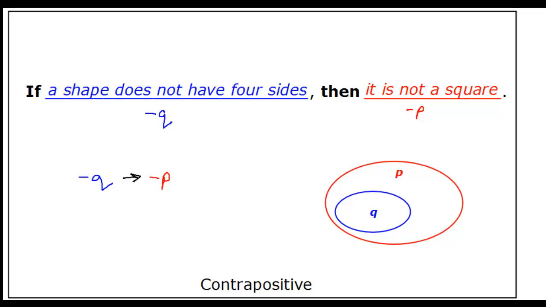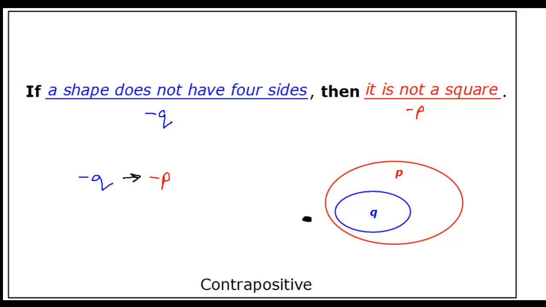All right, so this says that if a shape does not have 4 sides, so it's definitely not going to be in the 4-side region. So this is not a 4-sided shape. Then it's also not going to be a square. So that means its little dot that represents it is going to be way out here. So a shape does not have 4 sides, then it's also not a square.